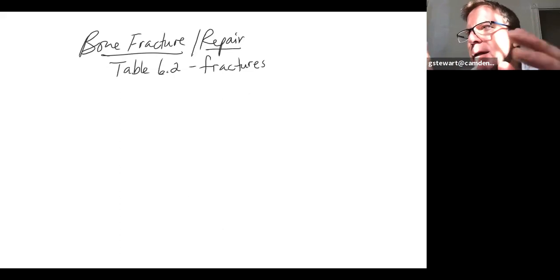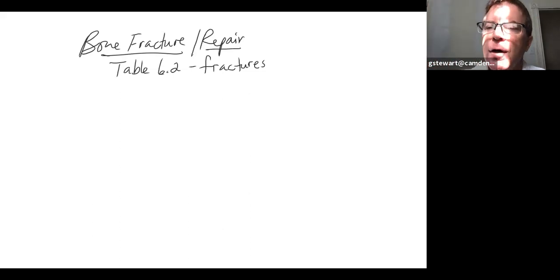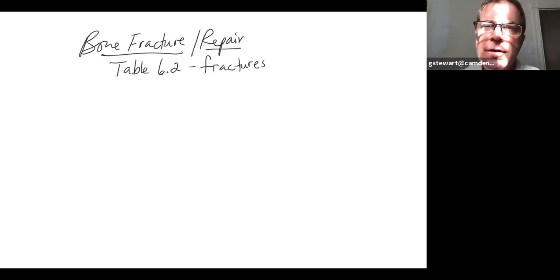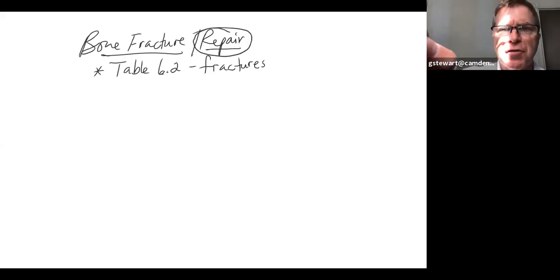They're also named on the position of the bone after the fracture, whether the bones are aligned, misaligned, or protruding through the skin in a compound fracture. So just look at table 6.2, please, when you get a chance. That explains the most common types of fractures in the human body. I'm going to mostly go over repair now, the process of repair once a fracture occurs.